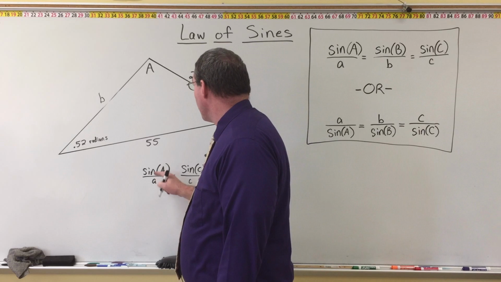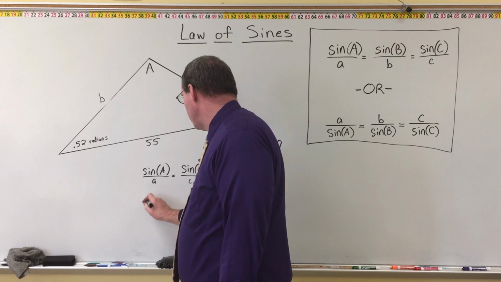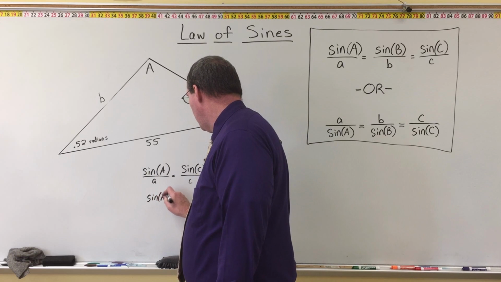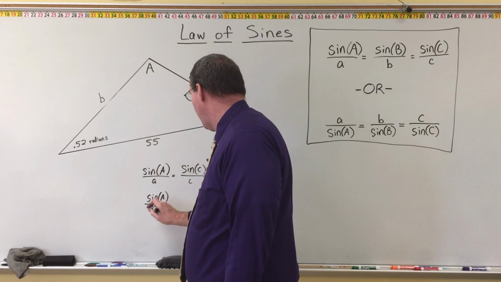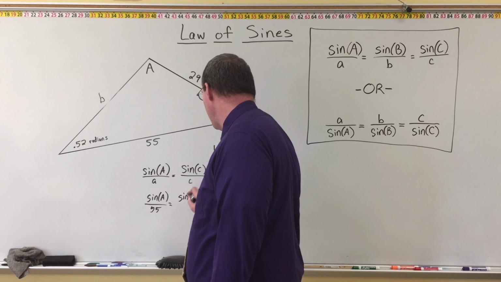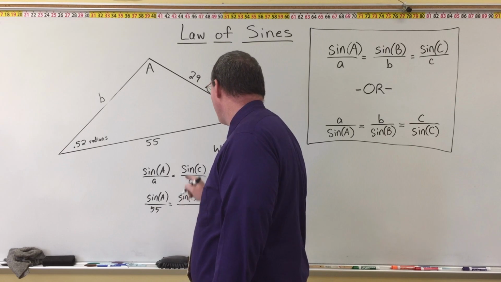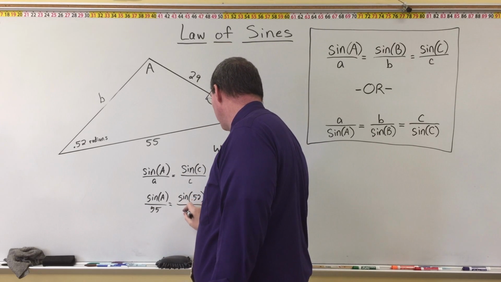So sine of A, since we're solving for A. The length of side A is 55. 55 is equal to sine of C, and C is 0.52 radians, over the measure of side C, which is 29.